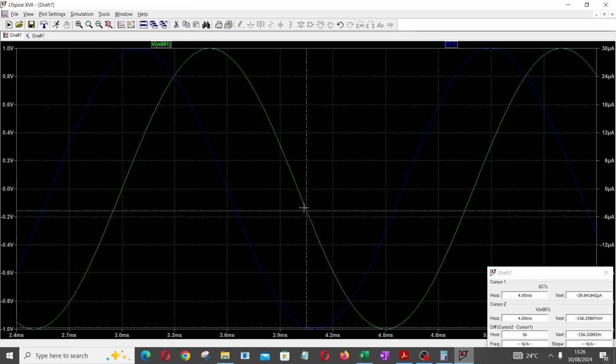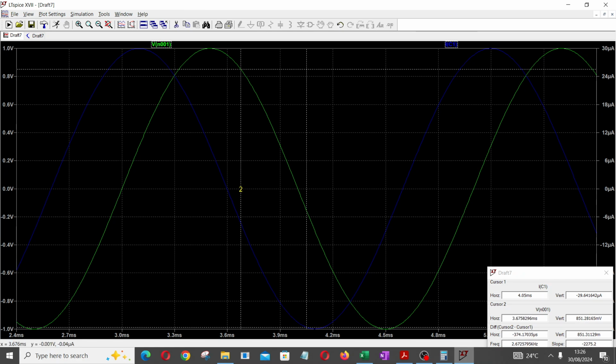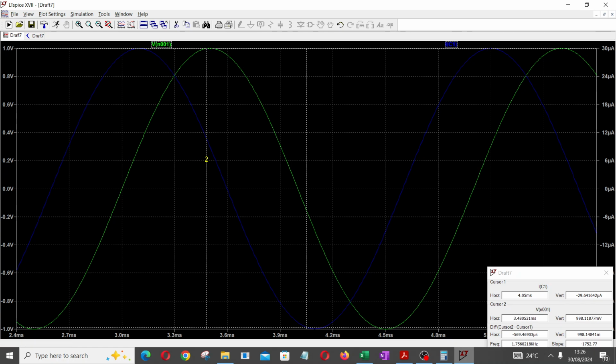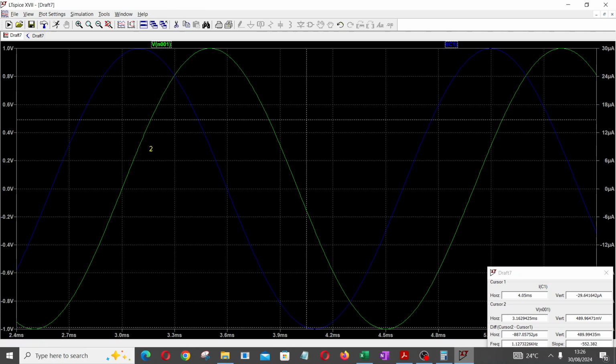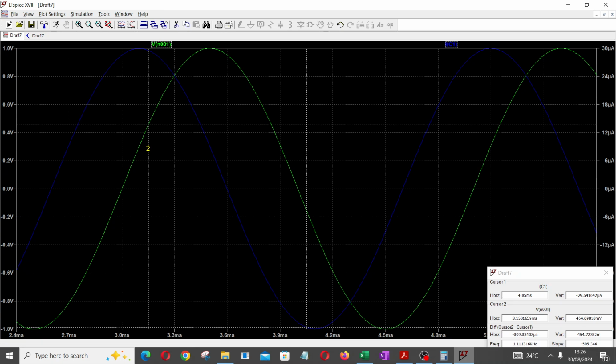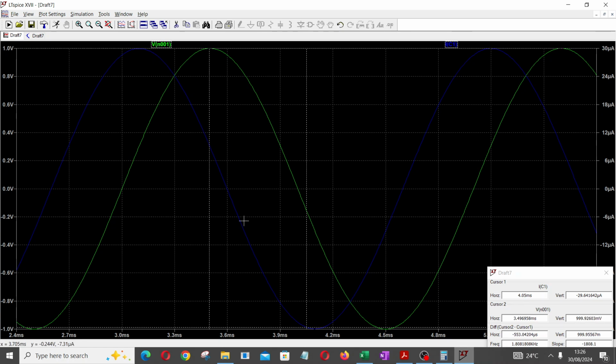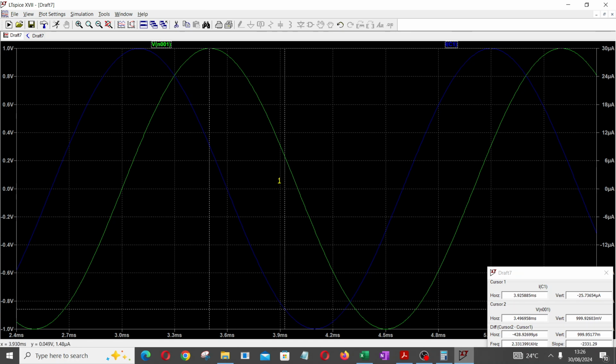Having done that, let's track and see what each of them is tracking. This one is tracking the voltage, and the other one is tracking the current.